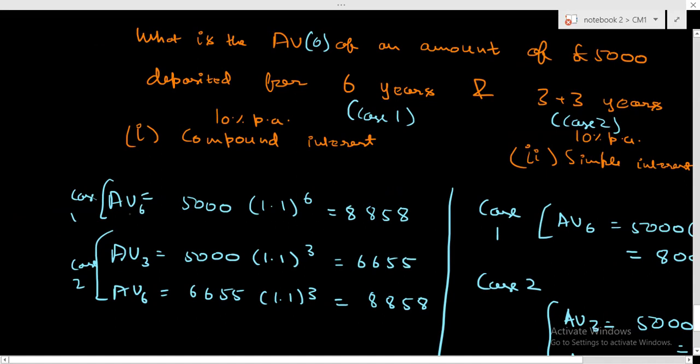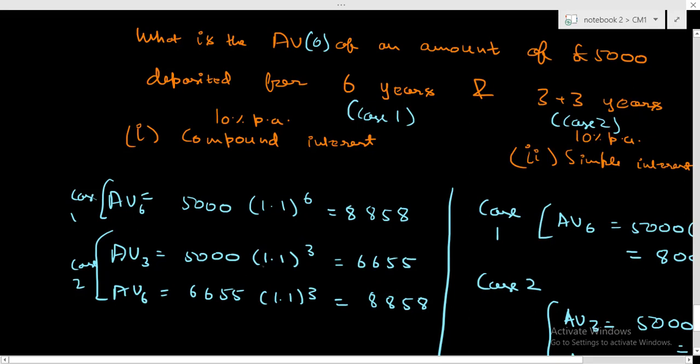So if I invest 5,000 for 6 years, it becomes 5,000 into 1 plus i to the power of n, that is 6. So 1.1 to the power of 6, it becomes 8858. If I go under case 2 where it is invested for 3 years and then withdrawn and invested again for 3 years, it becomes the same amount, 8858.